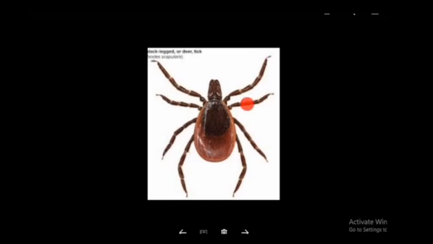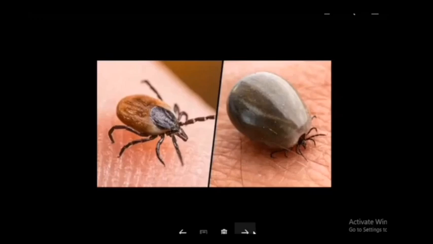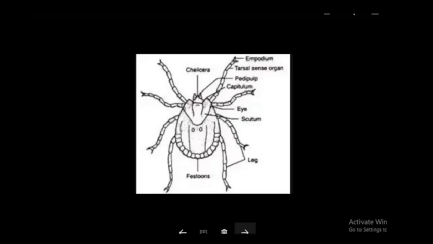This is one, then two, this one makes the third, and this last one the fourth. So they have 4 pairs of walking legs, 8 in total. They just keep biting and sucking the blood of the animal on which they are found. So this is the labelled diagram of the tick.